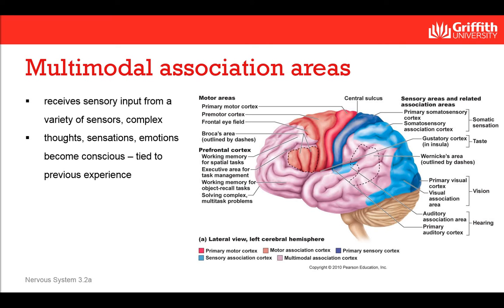Our thoughts, sensations, and emotions become conscious when we can tie them to previous experiences. We can divide these multimodal association areas into three regions: anterior, limbic, and posterior. And we will discuss these three areas in the tutorial sessions.